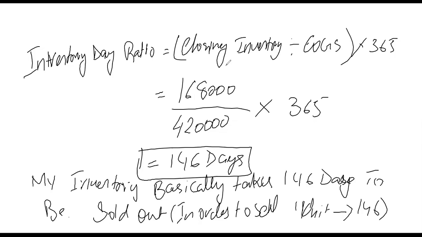I can classify, let's suppose, the car industry, the real estate industry, or any other industry whose commodity is not of common wealth, or normally people don't tend to buy their commodities. Such businesses might sell after 146 days.